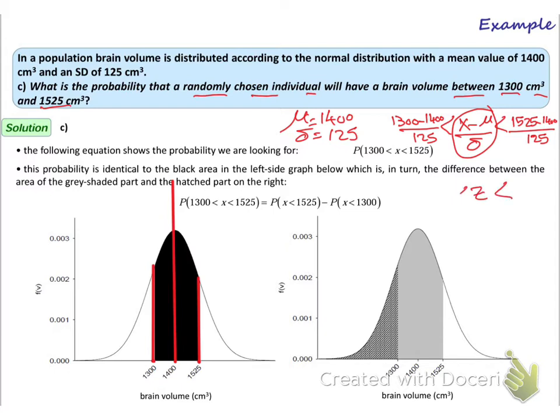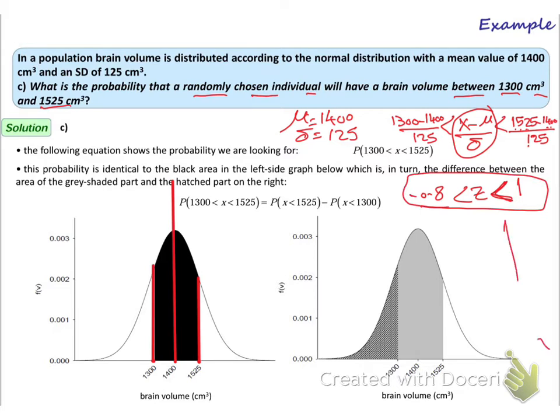So 1525 minus 1400 equals 125, divided by 125 equals 1. So z is less than 1, and on the other side, 1300 minus 1400, which is minus 100, divided by 125 equals minus 0.8. So that will be between minus 0.8 and 1.